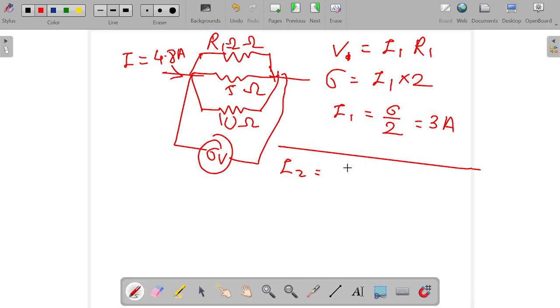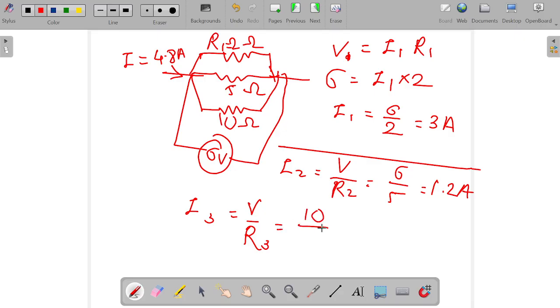I2, on the same basis, is V upon R2. So it is 6 upon 5, which is equal to 1.2 ampere. And if you check I3, it will be V upon R3. R3 value is 10, so 6 by 10 is equal to 0.6 ampere. If you add them all, what are you getting? 3 plus 1.2 plus 1.